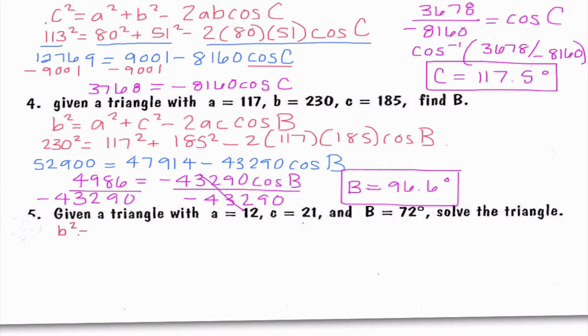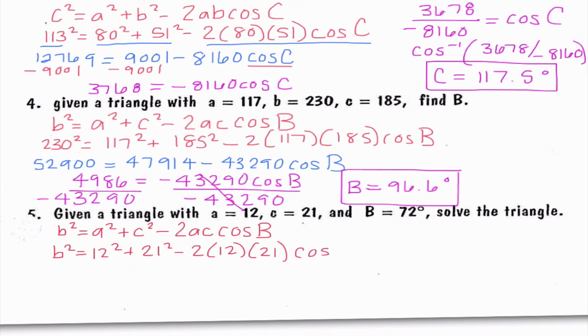So I'm going to do b squared equals a squared plus c squared minus 2ac cosine of angle B. So b squared equals 12 squared plus 21 squared minus 2 times 12 times 21 times the cosine of 72 degrees. So when I put this all in and square root it, I get that B is equal to 20.7.